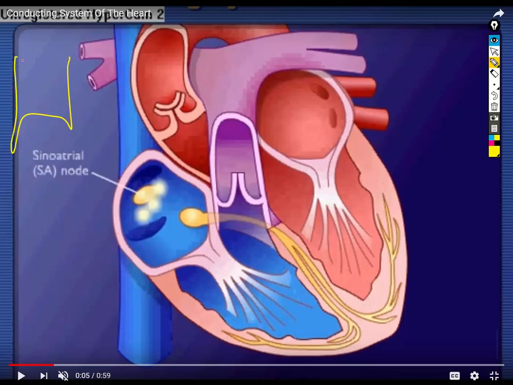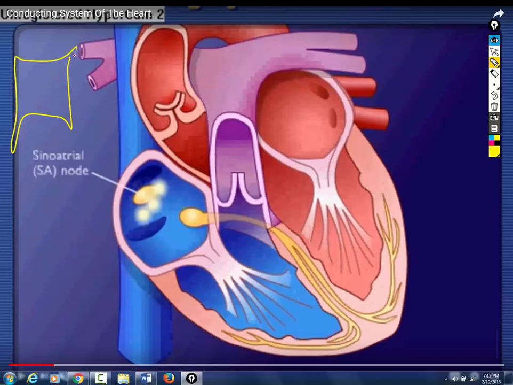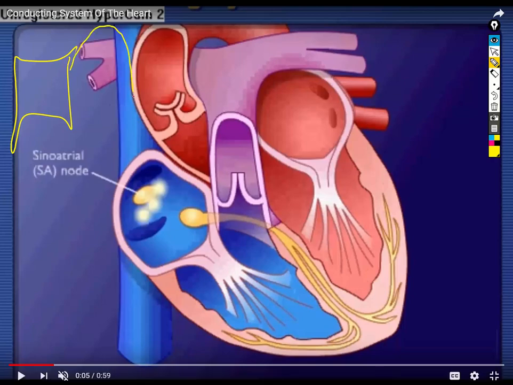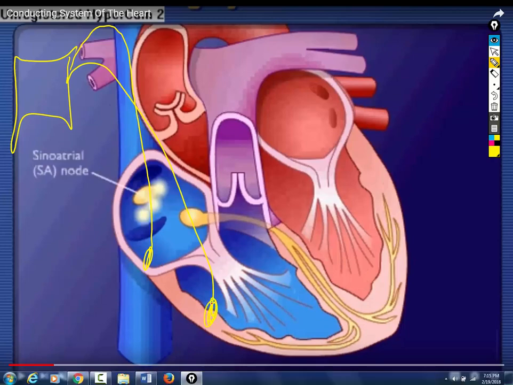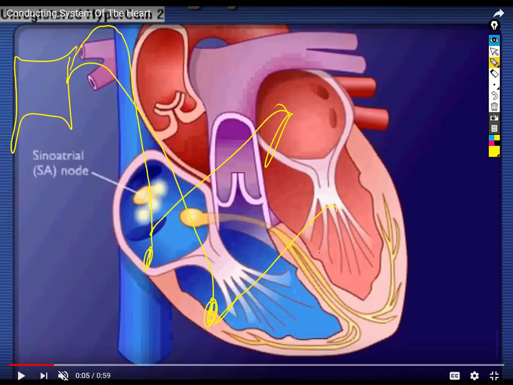So what they will do is they will put a pacer into the infraclavicular fossa, and they will run pacer wires through the subclavian vein, inferior vena cava, right atria, and then the right ventricle. And because of gap junctions and intercalated discs, the electrical activity that's produced by these pacer wires will be transferred over to the left side of the heart.